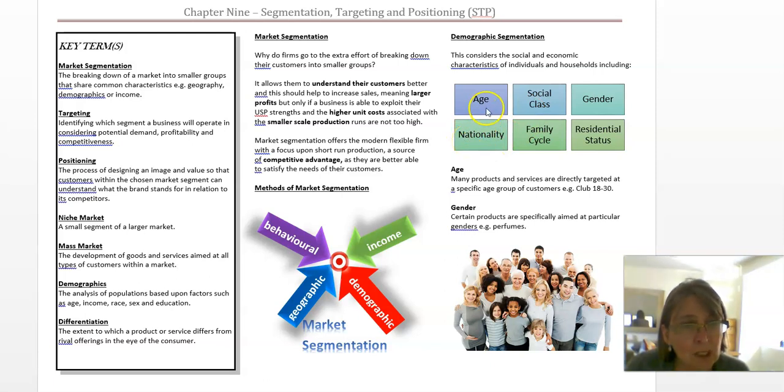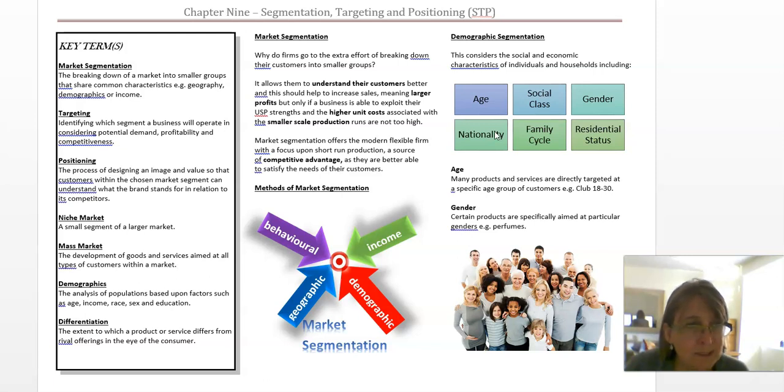Having split the population up into different groups, you can decide which of those groups is most likely to be interested in your product, so therefore who you should target, and then how you should position your product in amongst all the other products that are vying for the same place.